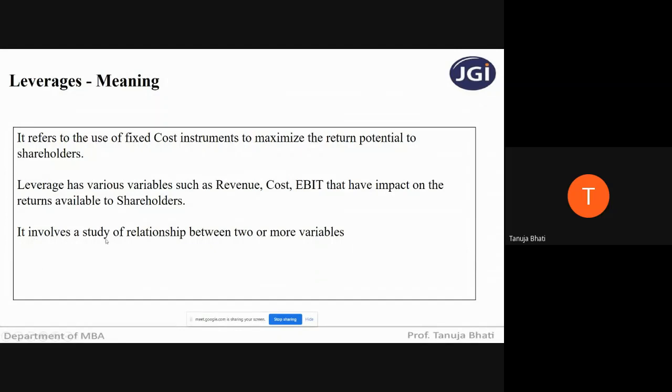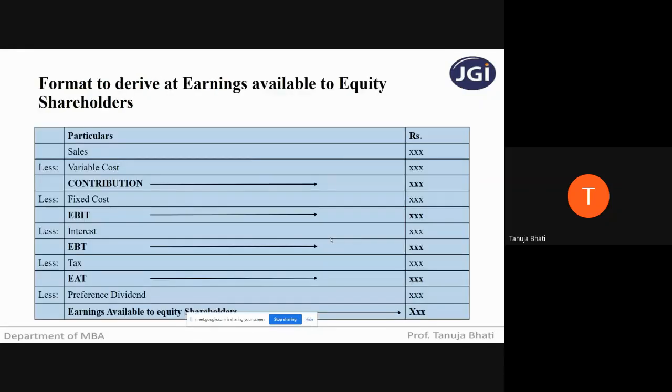It involves a study of the relationship between two or more variables. Yes, leverage is having a relationship between two or more variables, which will ultimately aim at the potential returns to the shareholders. So this is the meaning of leverages.